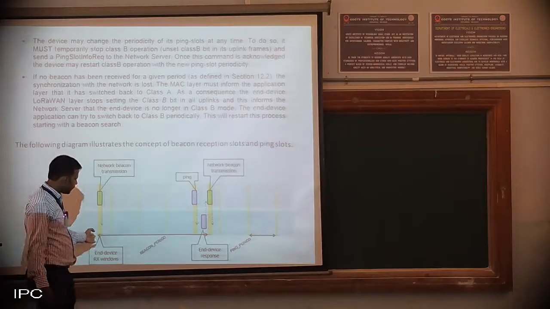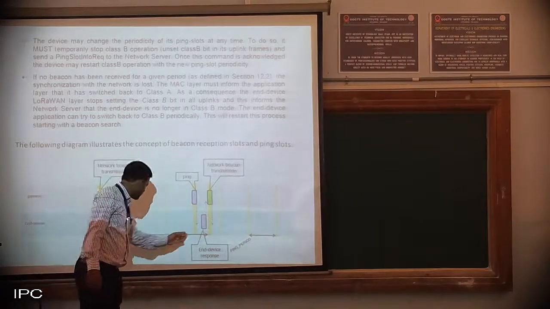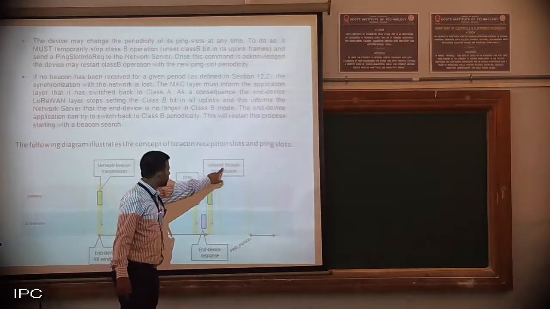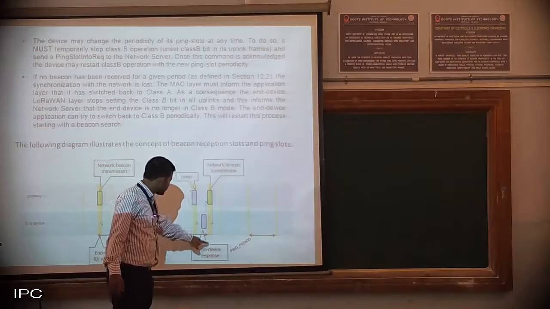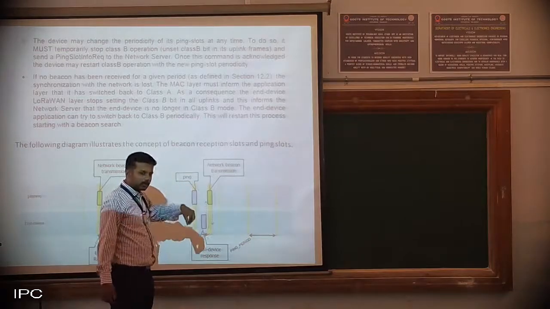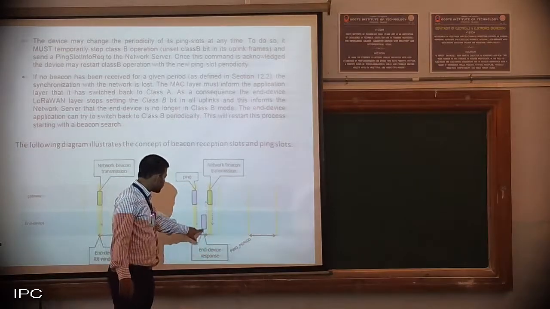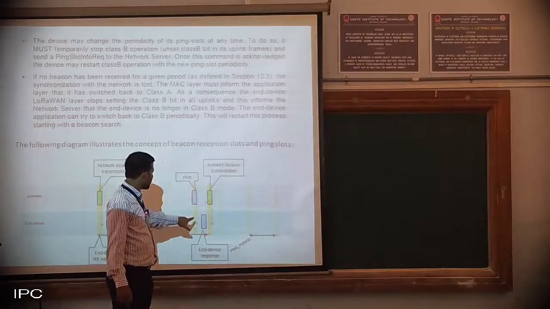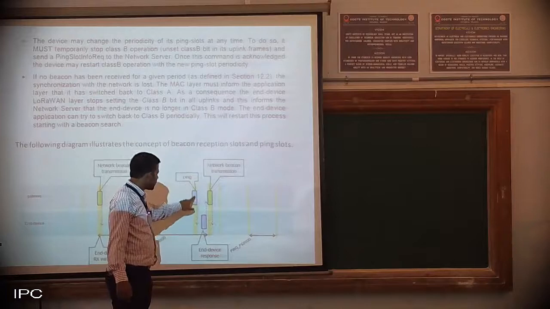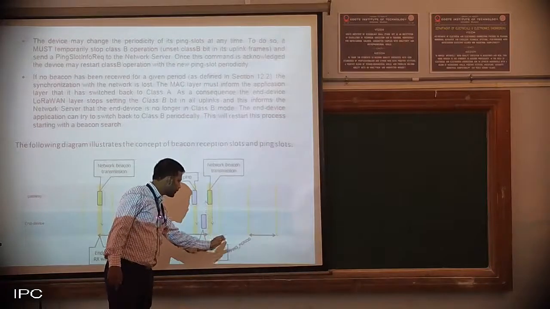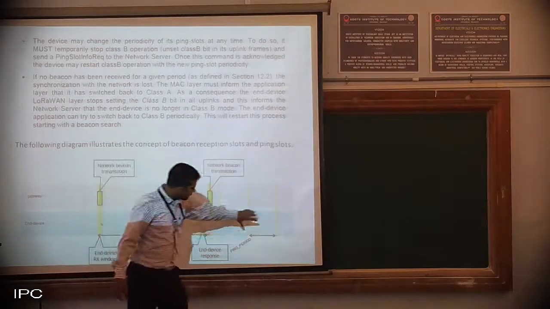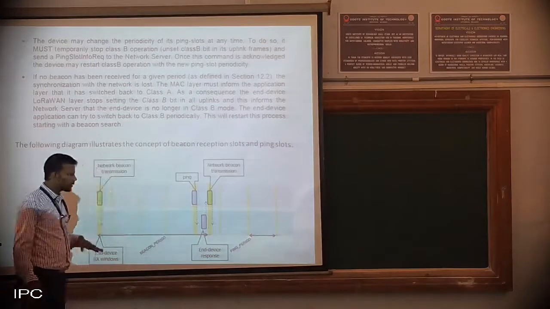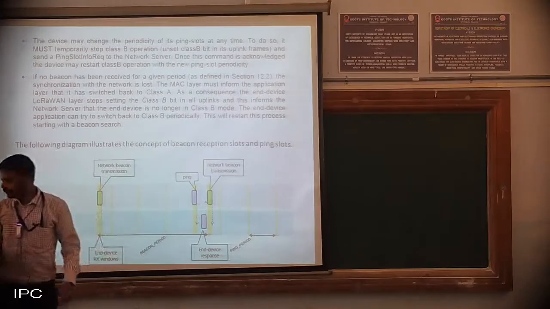From here to here will be the beacon period, and whenever the network beacon transmission sends the beacon signal, the response goes back. This is the end device response. It goes back, and then it gives a ping, so we call it the ping period. So always the ping period is shorter, and the beacon period is the bigger one.